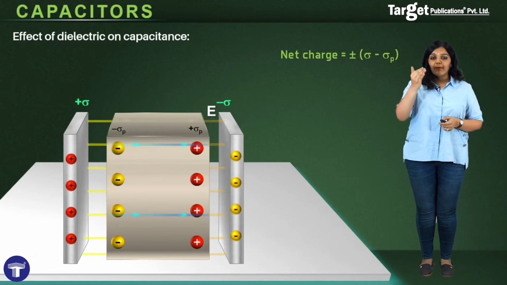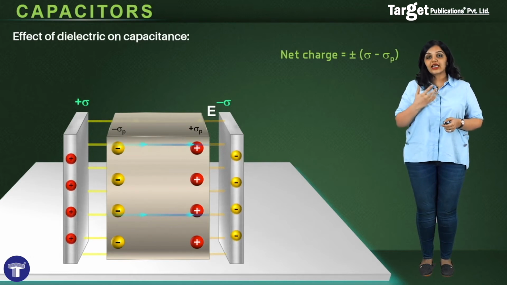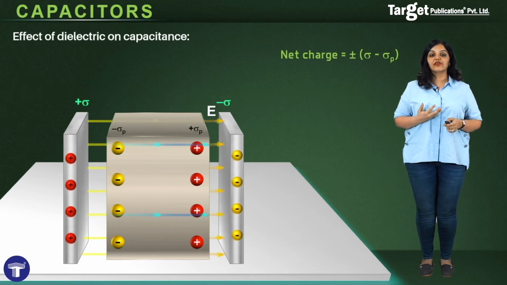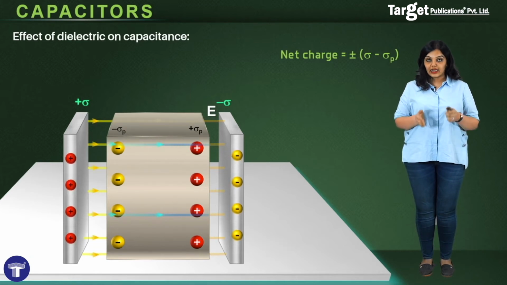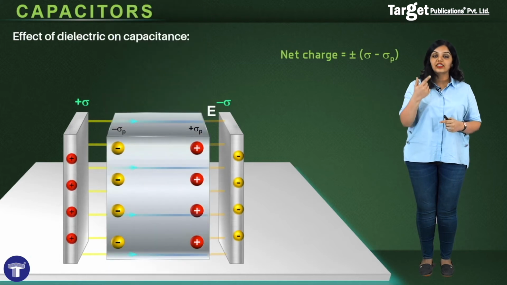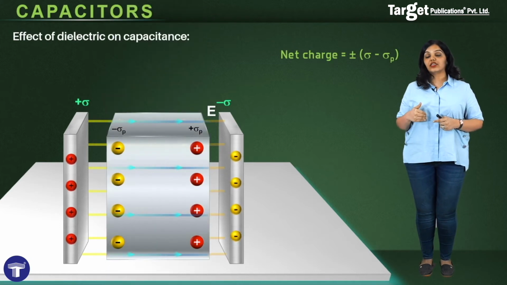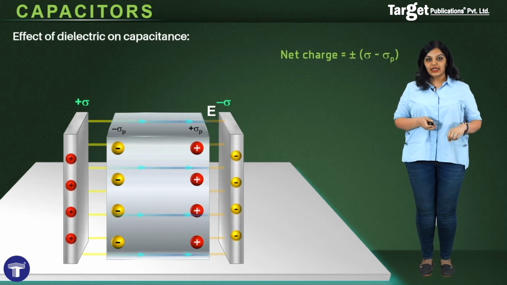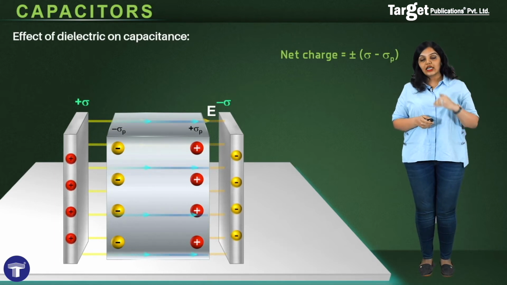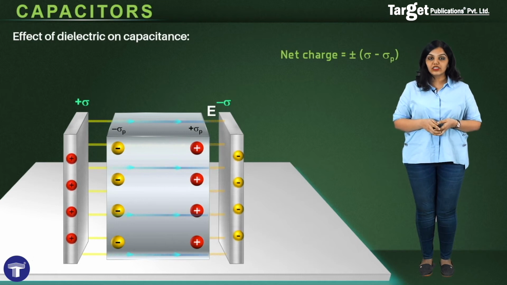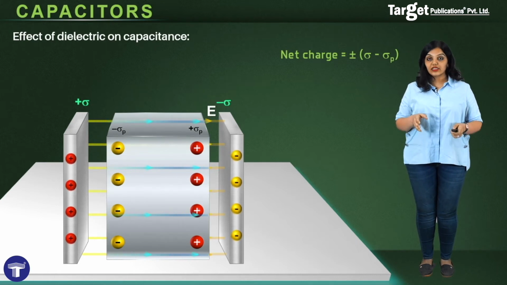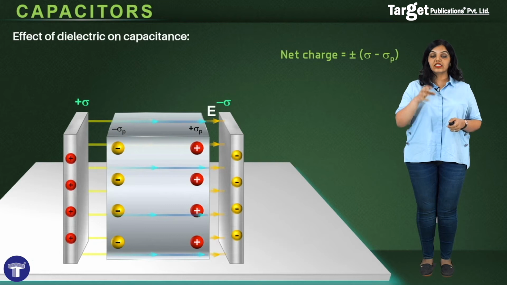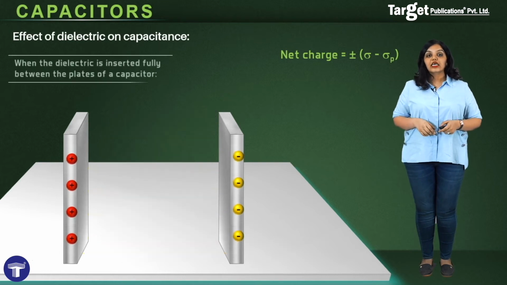How much the field is reduced depends upon the type of dielectric. If I switch this dielectric for another one, there will still be a reduction in the electric field, but it will be a different amount. So overall, the electric field in the dielectric reduces when it is placed in an external field.